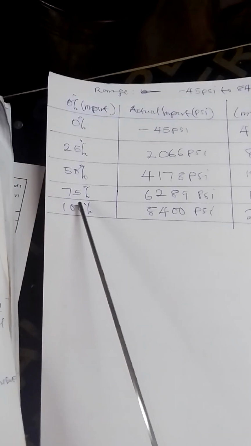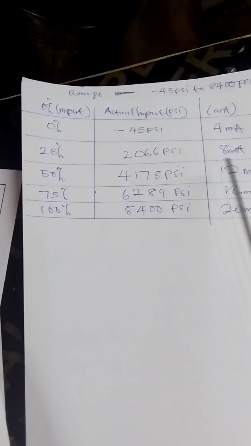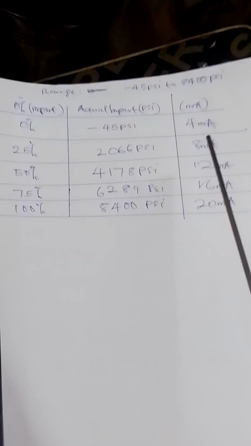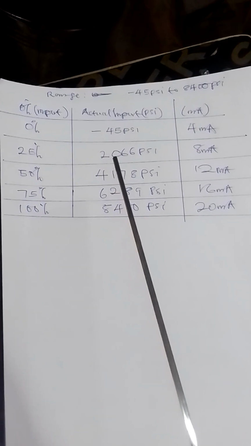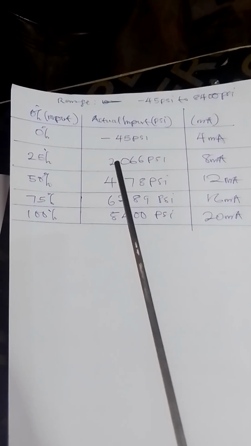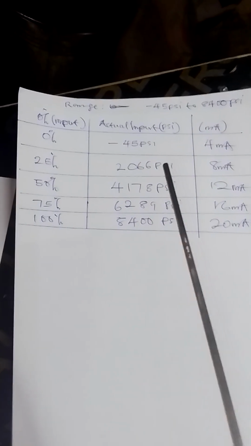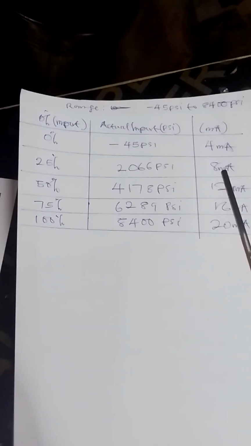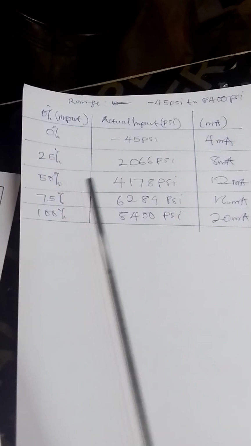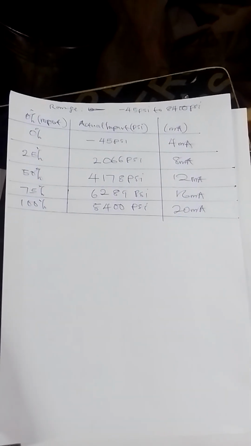Look at it. At 25%, you have 8 milliamps. So when you pressurize your transmitter with 2066 psi, you will have 8 milliamps, and in your DCS you have 25%. So just study it and you will know it more. Take your time to look at the calculation.